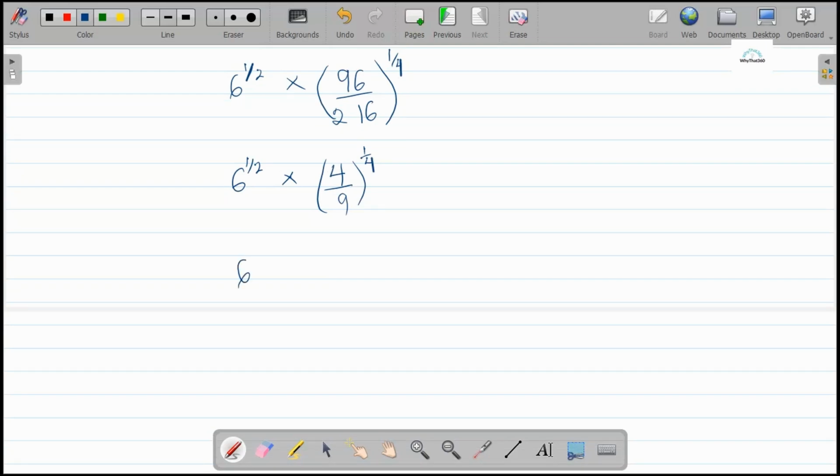So I'm going to get 6 to the power 1 half times the 4 is going to be 2 raised to the power 2, and then the 9 is going to be 3 to the power 2, and it's going to be to the power 1 fourth, which can be the same as 6 to the power 1 half times 2 squared to the power 1 fourth divided by 3 squared also to the power 1 fourth.